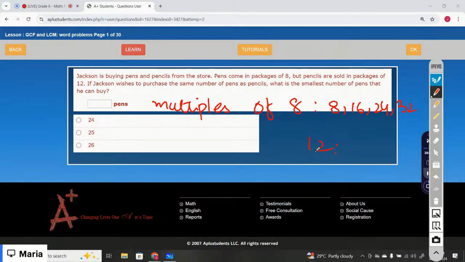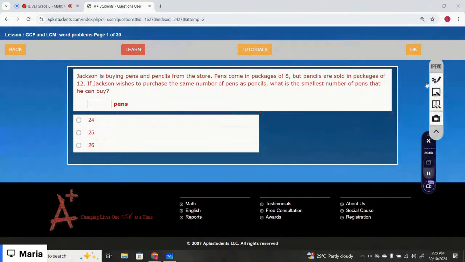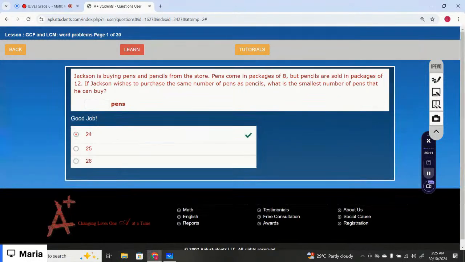And write down the multiples of 12. They are 12, 24, 36. So the least common multiple is 24. So that means the smallest number of pens and pencils he can buy is 24.